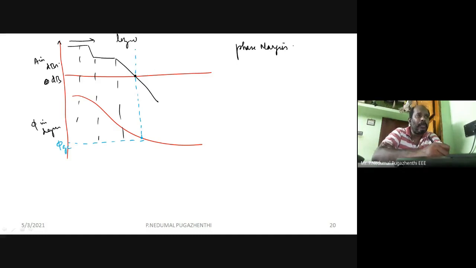This particular omega is called omega GC, the gain crossover frequency, and the angle at the gain crossover frequency is chosen and substituted in the formula gamma is equal to 180 plus phi GC. For example, I am getting phi GC as minus 120 degrees.